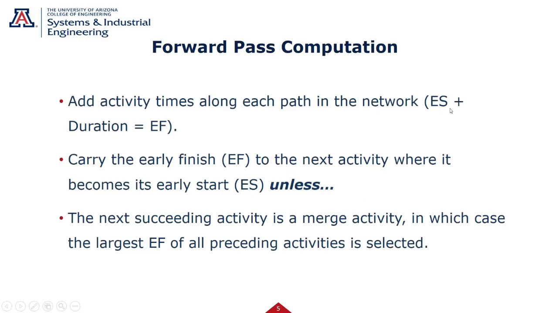Going to take the early start and add the duration. We'll get our early finish. We're going to take that early finish and move it to the next task in line. That's going to be now the early start for the next task. Unless there's more than one thing feeding the next task, we have to take the latest of the early finishes and merge that over. We'll see that in a second.